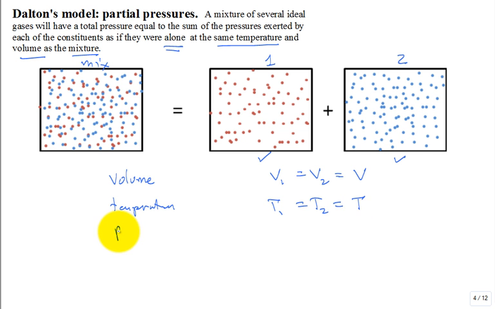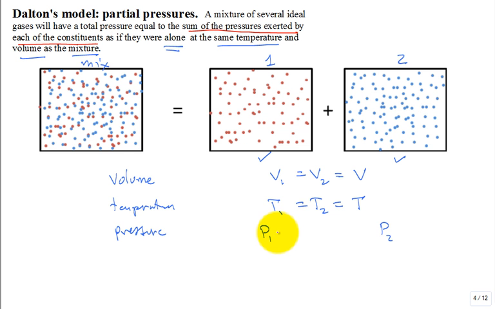How about the pressure? Well, Dalton's model says that the pressure in 1 and the pressure in 2 summed up equal the total pressure. So the sum of the pressures exerted by each of the constituents as if they were by themselves.